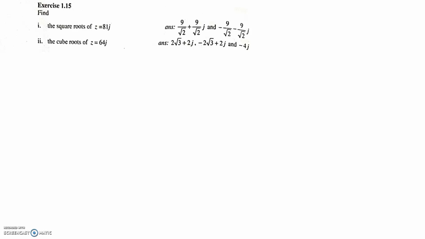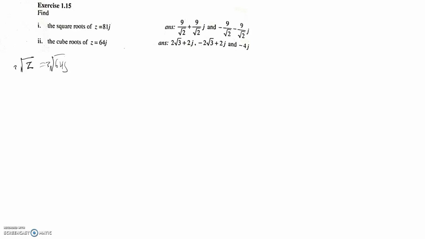So in our more common form, they want us to find the cube root of 64j. That is what it usually looks like. Because this is not just a common number, it is a complex number, we cannot just find the root the way we did before. So let's try to find the answer by using the formula of root.